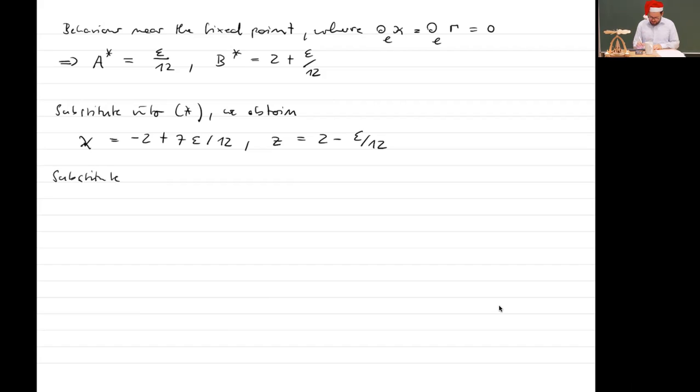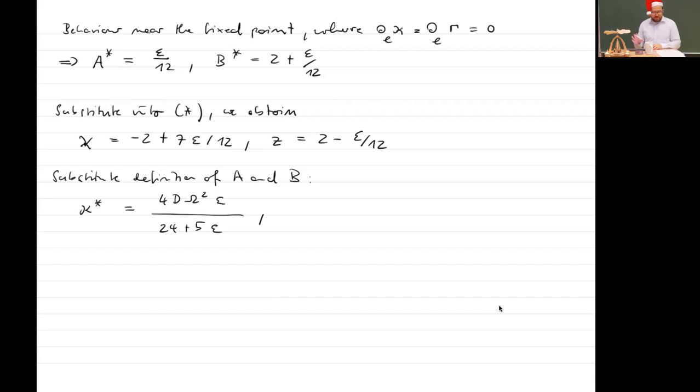Substitute the definition of A and B. And what we then get is that kappa star, our real fixed point, is equal to 4d gamma squared epsilon divided by 24 plus 5 epsilon.